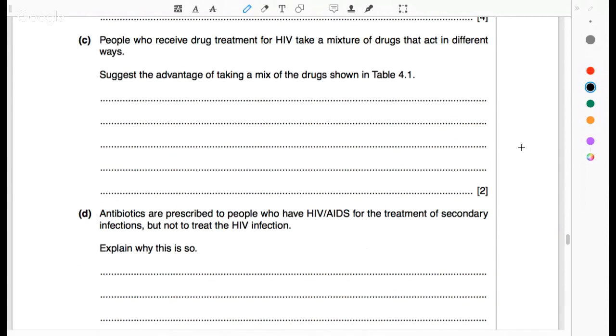So that's why it's used in combination therapy. The virus might be resistant towards one, but it's less probable that it's resistant to all of the drugs.